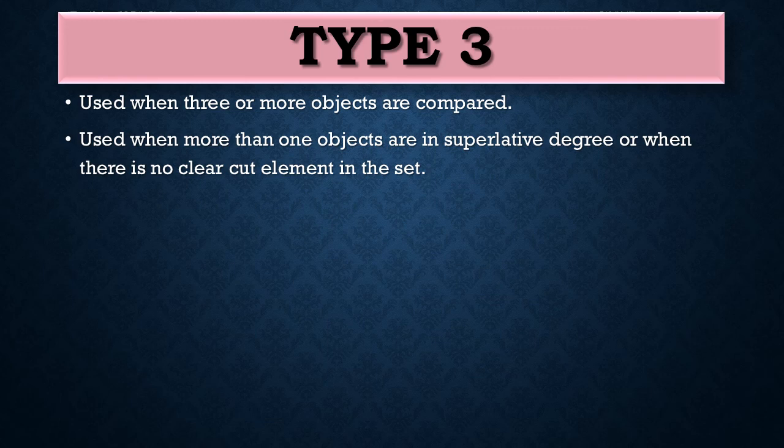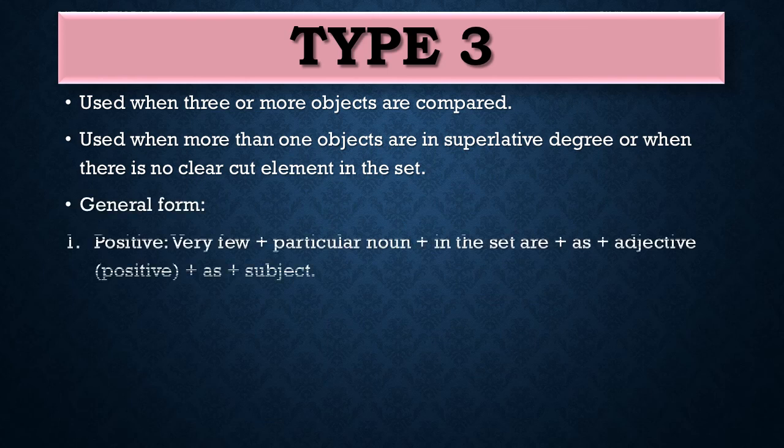In type 2, one is best. Here it is one of the best: many best are there, and in that one is also best. This also has a general form. The general form for positive degree is very few plus particular noun in the set plus are plus as plus positive adjective plus as plus subject.